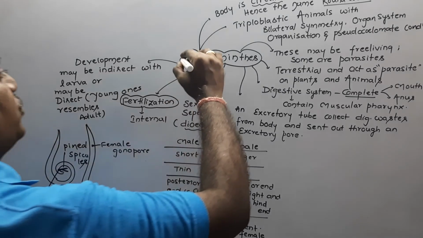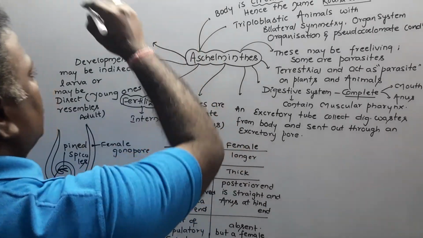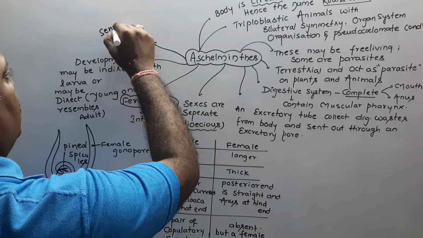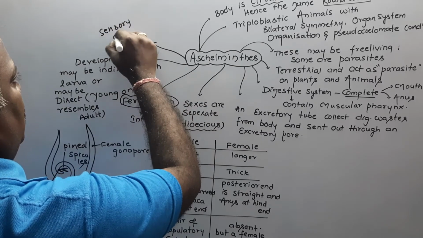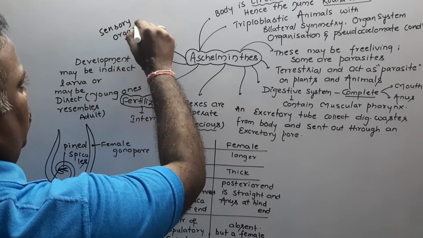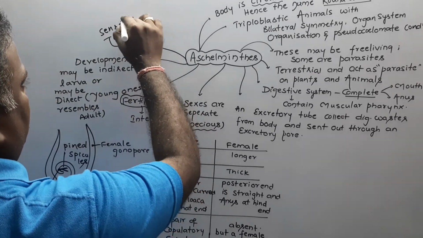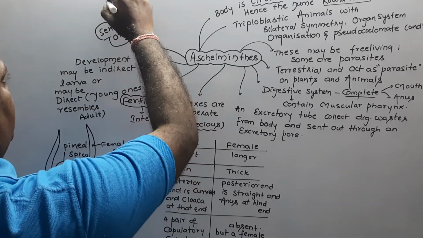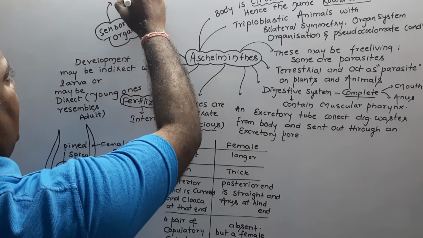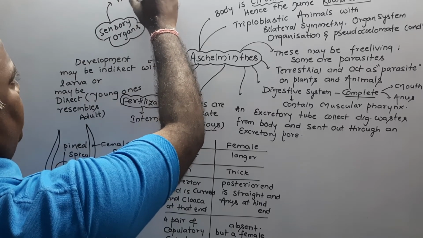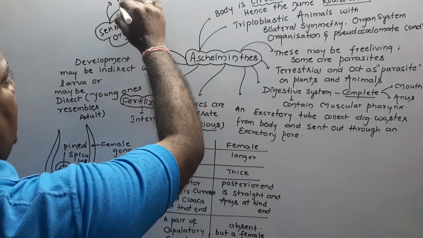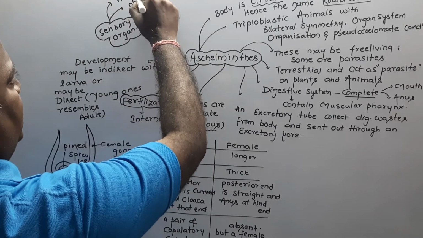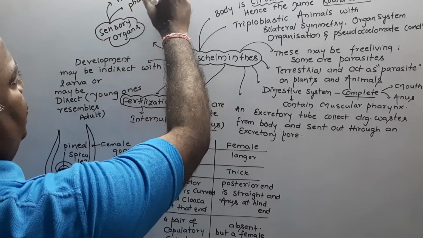And what sensory organs may be present here? There are two types of sensory organs. They have anterior amphids, which act as chemoreceptors, and posterior phasmids, which are glandulosensory structures.